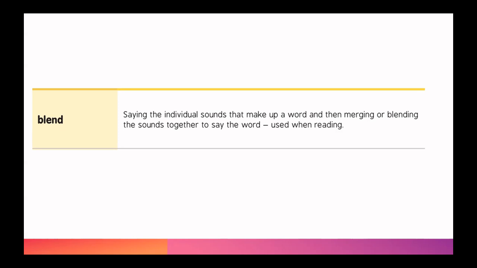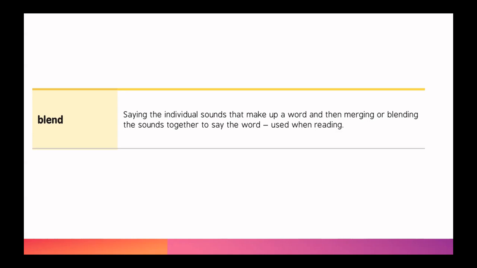But blending is basically when you've pulled those words apart, then you have to pull them together. It is the pulling together of those sounds to make a word. That is when we say you blend the sounds to make a word.